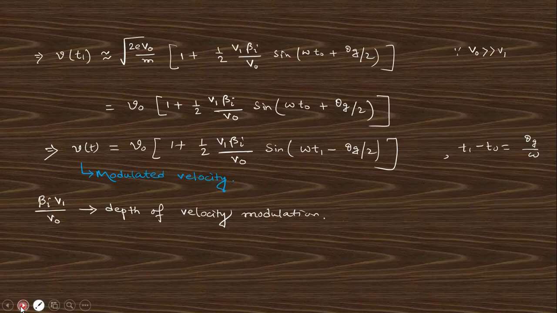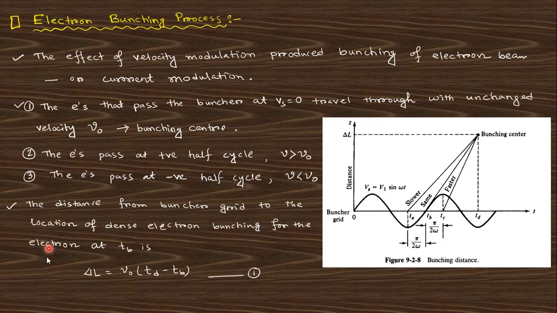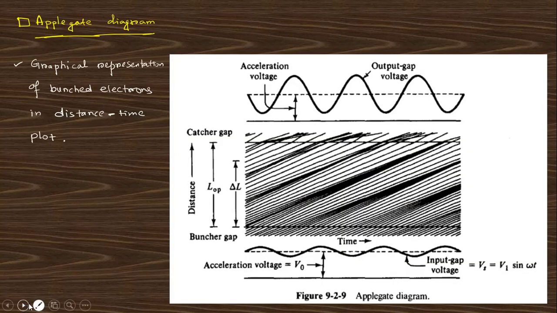Okay. Now comes the Applegate diagram. What is the Applegate diagram? It is a graphical representation of the bunching of electrons in a distance-time plot. You can see in this region the electrons move in three types: earlier, reference and later electron.